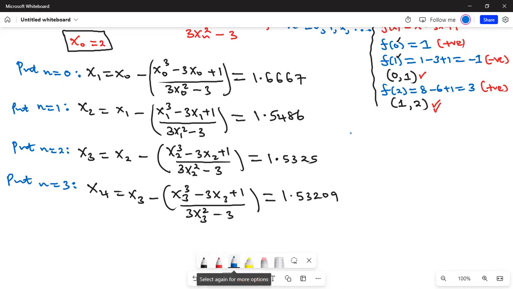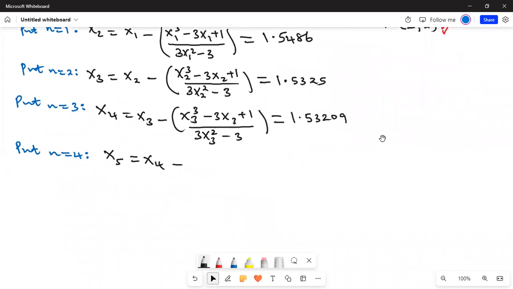If I use n is equals to 4, that will give us x5 is equals to x4 minus x4 cubed minus 3x4 plus 1 over 3x4 squared minus 3.